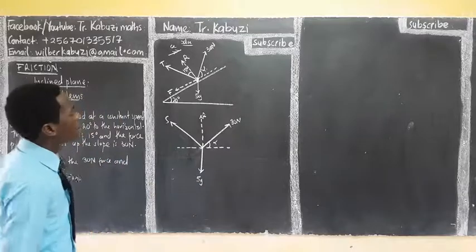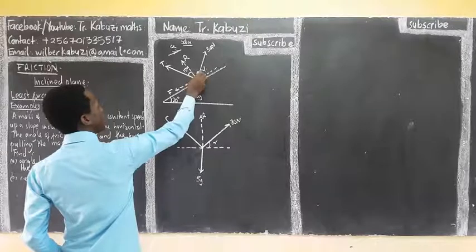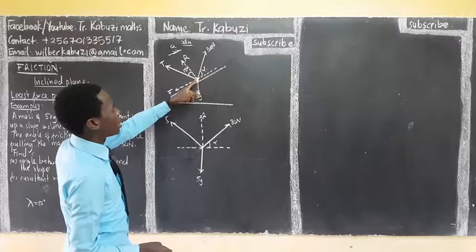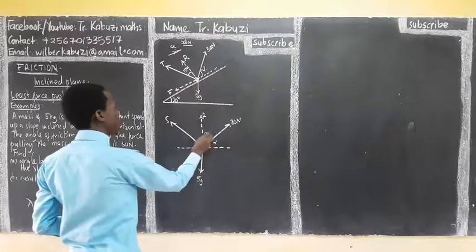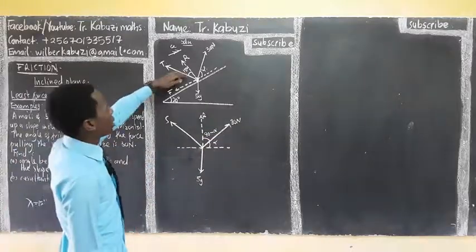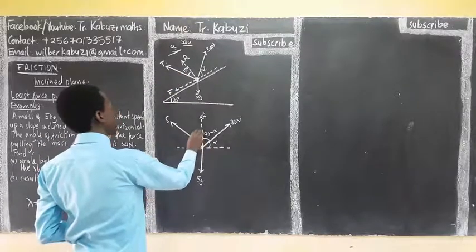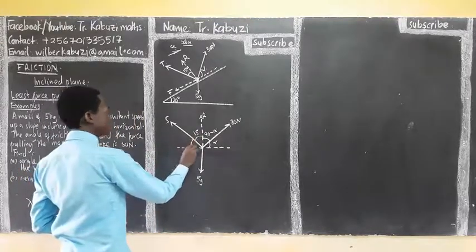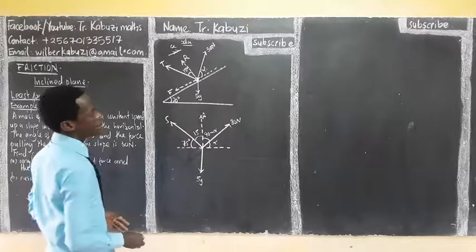Remember this angle here is 90, this is 90, so this one is going to be 90 minus alpha. And this angle here is 15 degrees. If that's 15, then the balance is going to be 75 degrees.